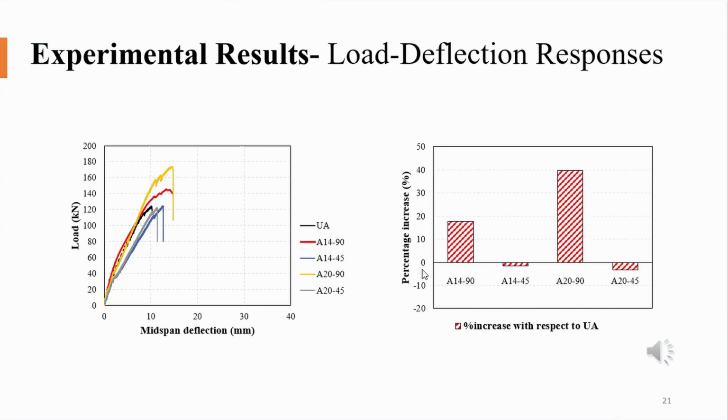So we can here notice a percentage increase as compared to the unanchored beam of about 18% for the beam anchored with 14, and 40% for the beam anchored with 20 millimeter anchors. But we can see that the beams anchored with the inclined anchors did not improve the strength at all. In fact, their strength was even less than the unanchored beam.